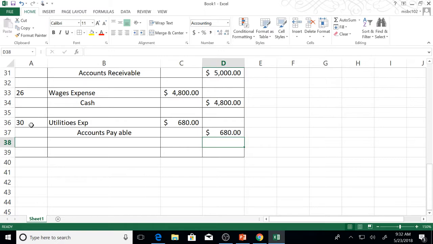What comes next? The 31st, they withdraw $280 in cash. So the two accounts are withdrawals and cash. The withdrawals go up and the cash goes down. Yes. So we have a new T account, Jones withdrawal.